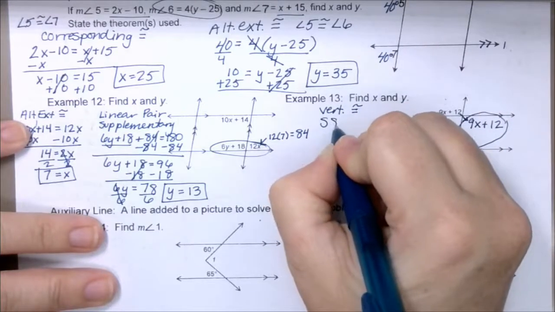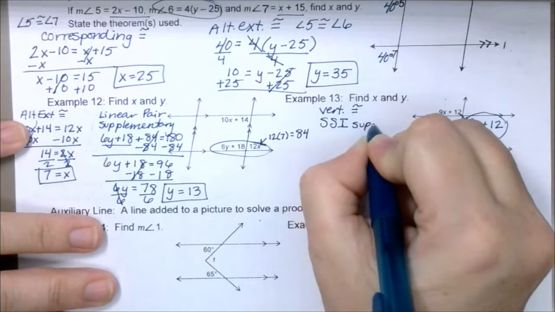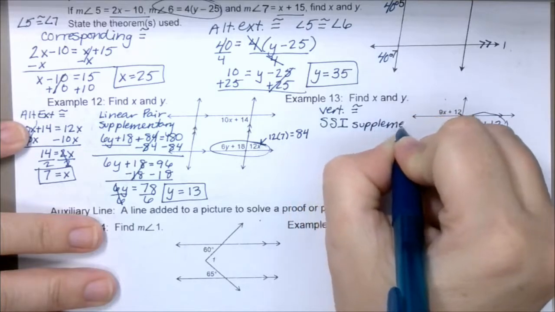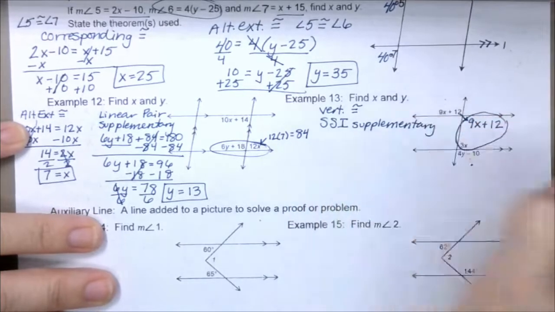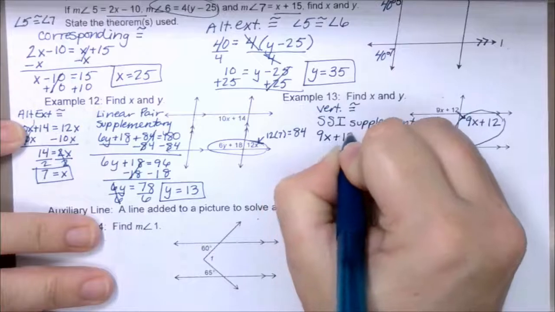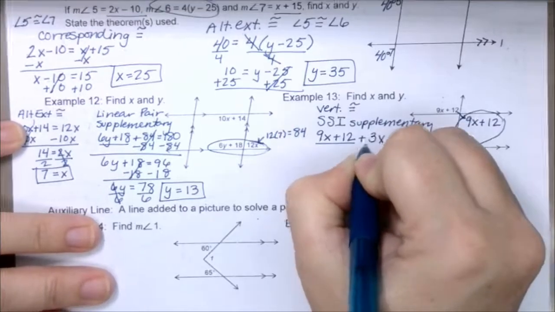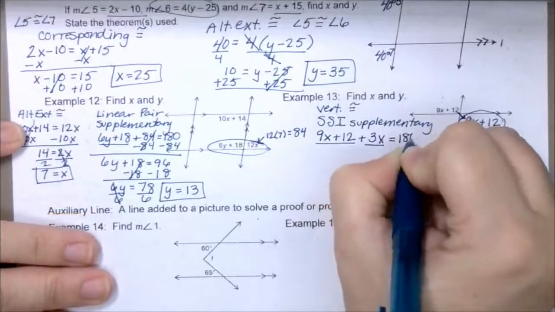Why? Alternate interior. So don't I have enough to say that that whole thing together is angle 1? So 60 degrees plus 65 gives me angle 1. So the measure of angle 1 is what? 125 degrees. Okay? You try.